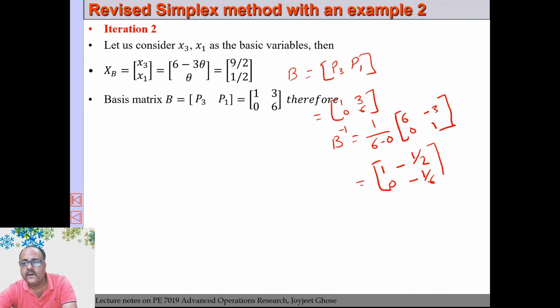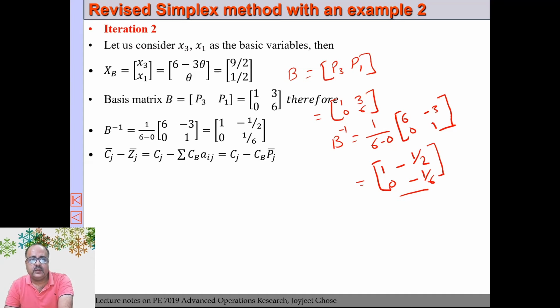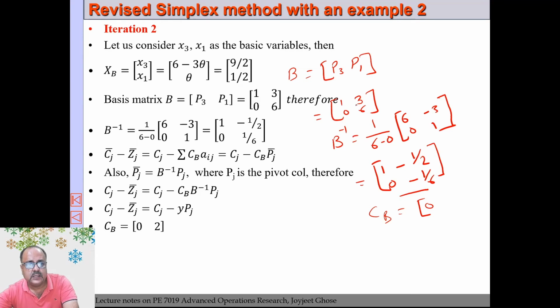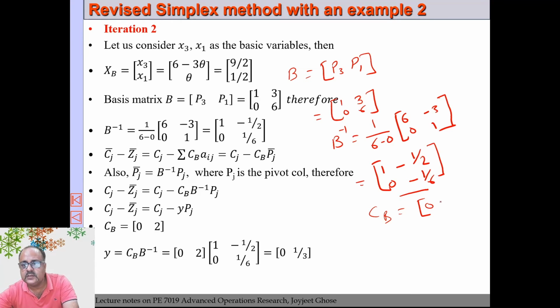So you can check this value with a conventional solution in the next table. B inverse should match. So now I am interested in finding out CB. CB will be equal to 0 and the coefficient of x1 in the objective function, which is 2. So xB is equal to 2.